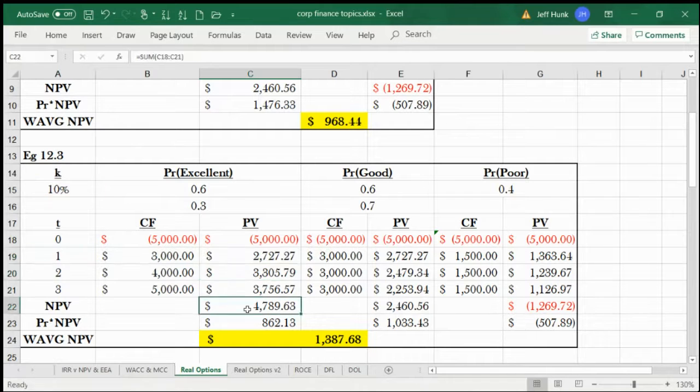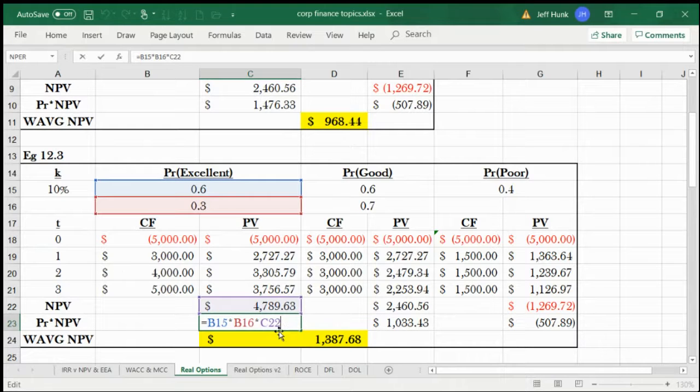Okay, and then the net present value along the upper path, excellent, is this, and probability weighted net present value would be this times this conditional probability, or joint probability. We talked about the distinction between joint probability and conditional probability in our last lecture.